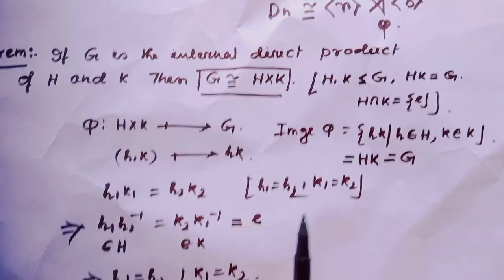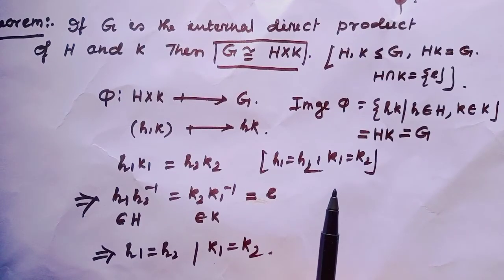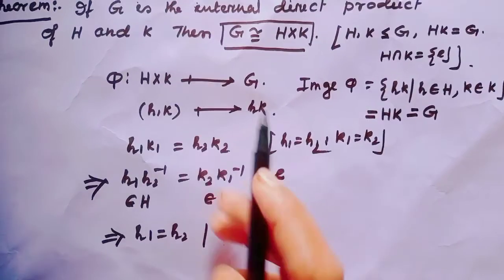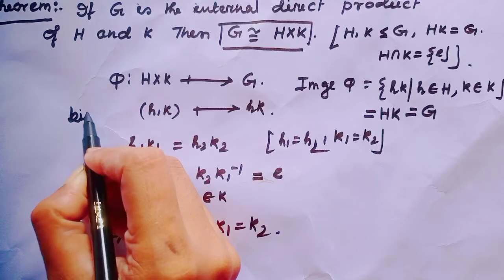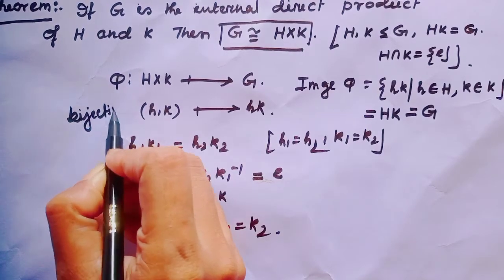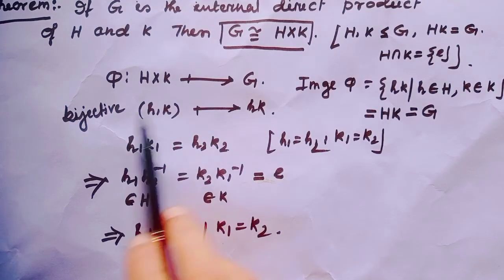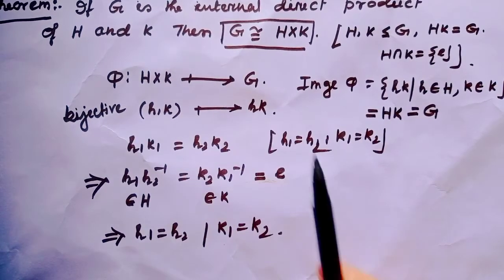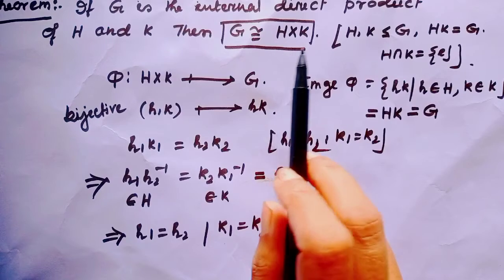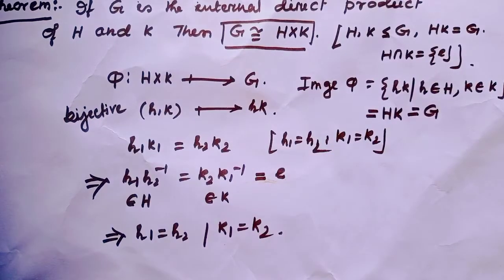And since the mapping is both one-to-one and onto, this mapping is a bijective mapping. Now we have to prove there exists a homomorphism between these groups. Then we can easily say G is isomorphic to H direct product K.